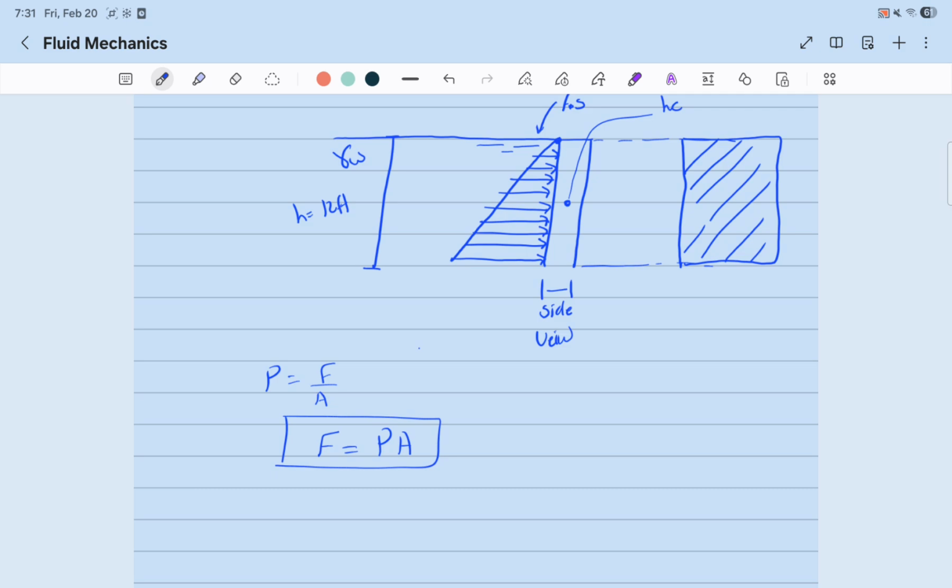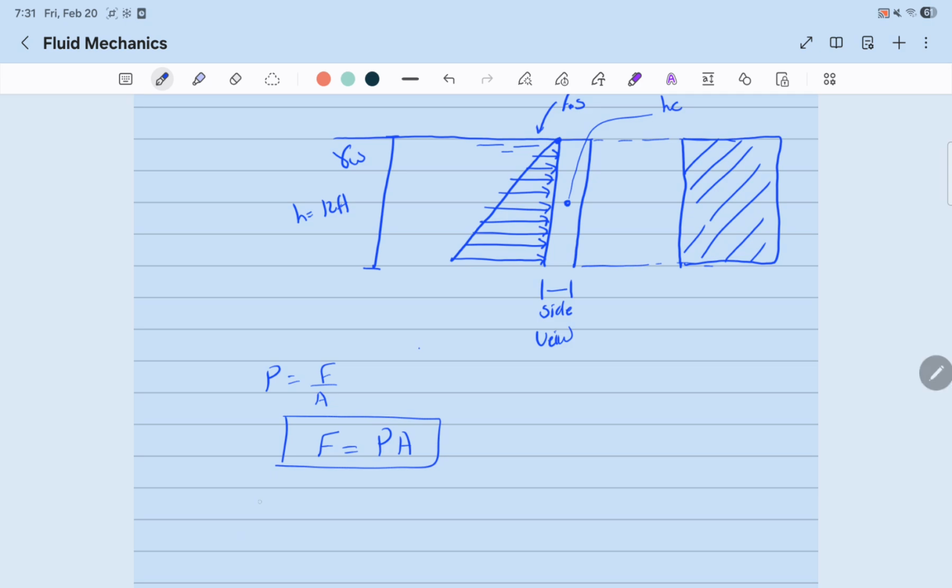And this is the whole point of this chapter, for you to calculate if the wall can withstand the forces acting upon it by a static fluid. Not a fluid in motion, but a static fluid that's not moving. Okay?